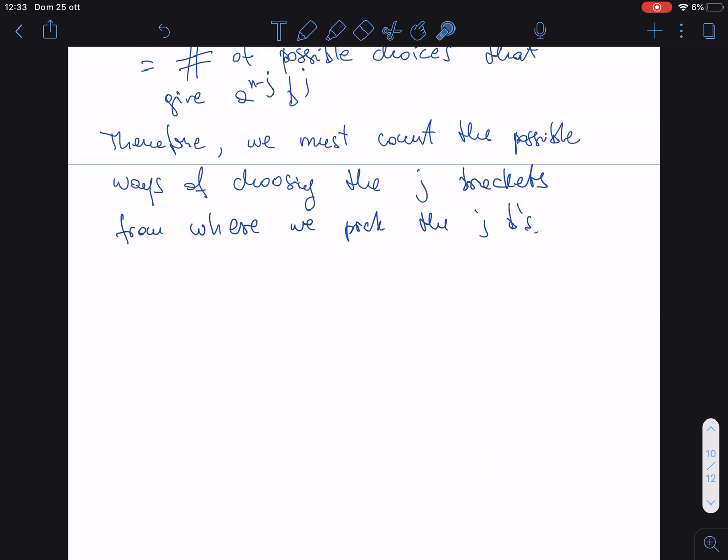So, first, for the first box or bracket, we have n possible choices.